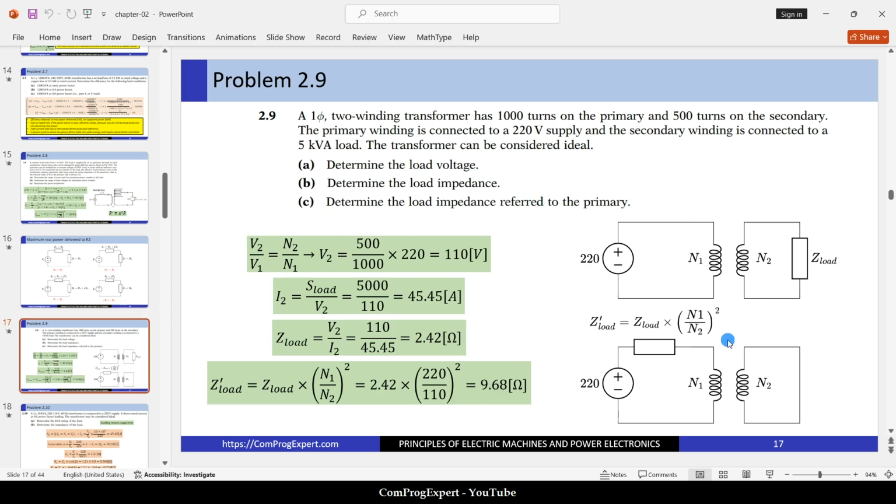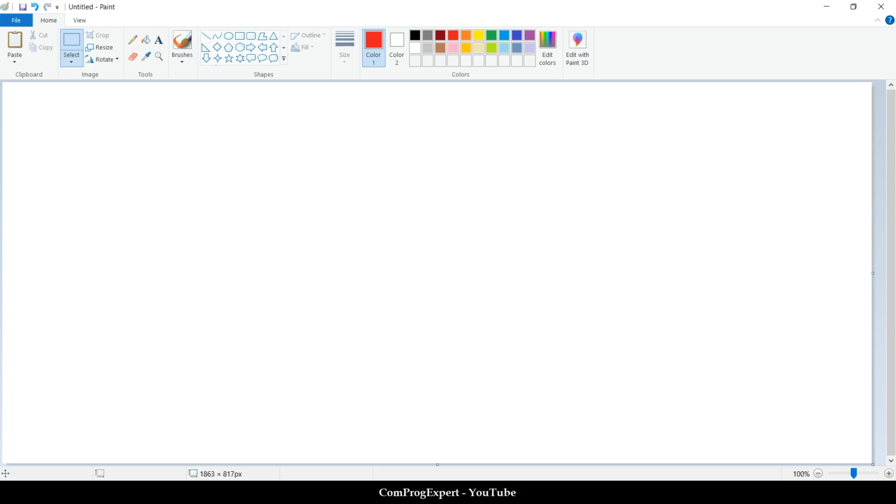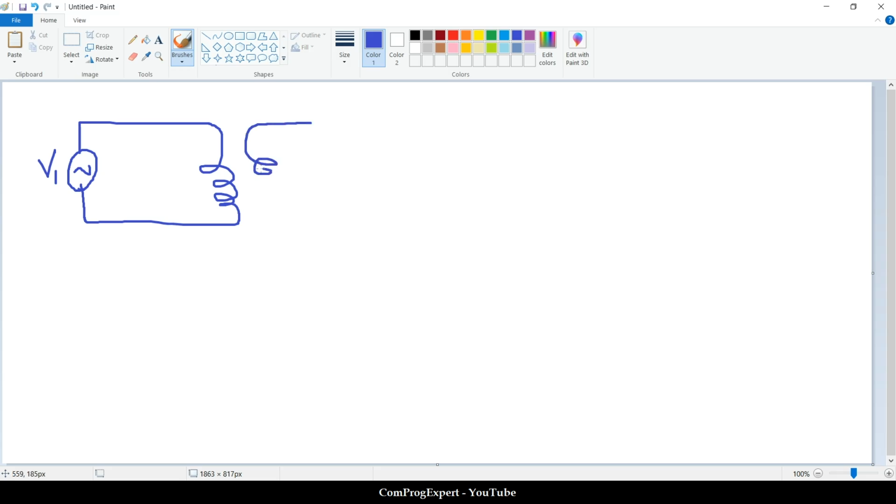Okay, so let's review the derivation of this equation for practice, right? How can we derive this equation? You remember we have this case. Consider this source V1 and this ideal transformer. This is the ZL.